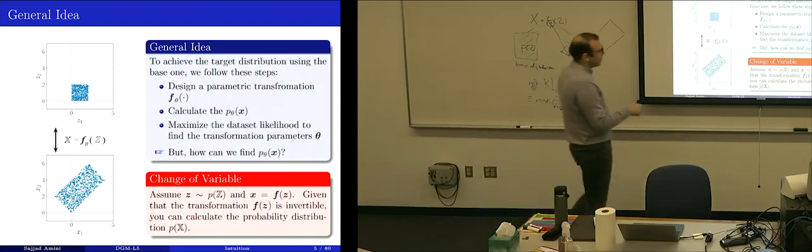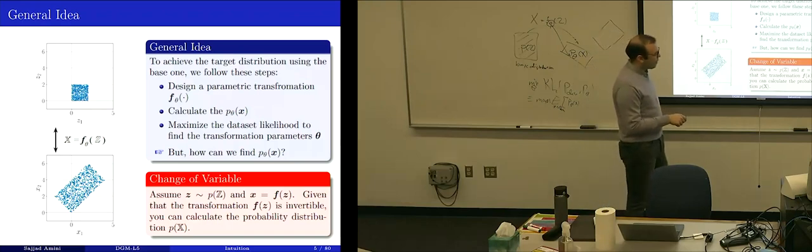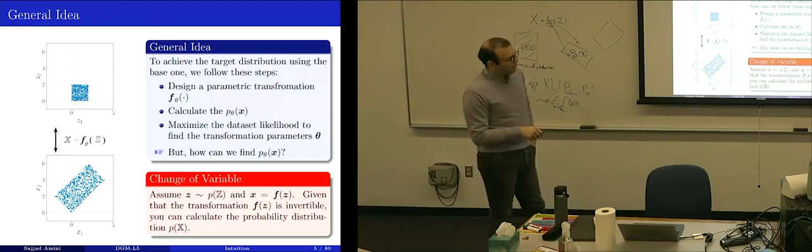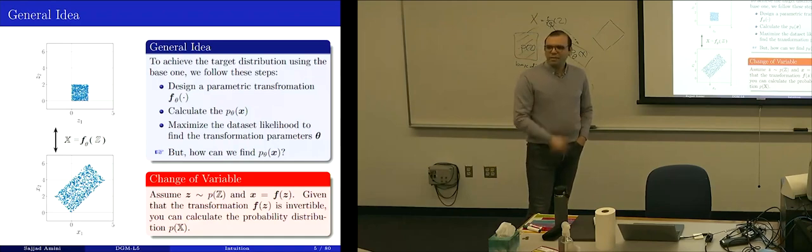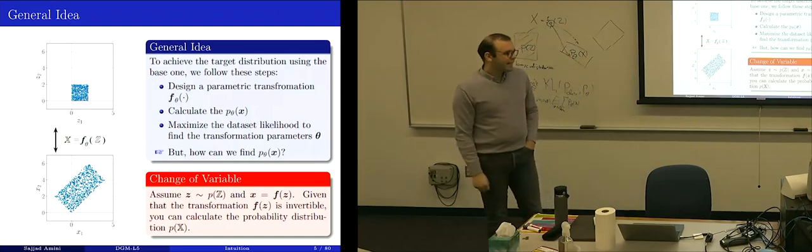So, change of variable: we know that, assume that z is coming from pz and x is f of z. Given that the transformation is invertible, we can calculate the probability distribution p of x. We have the first limitation here: invertible. F of z must be invertible. Why? Because we want to calculate the density. If it is not invertible, in very special cases you can still calculate the density.